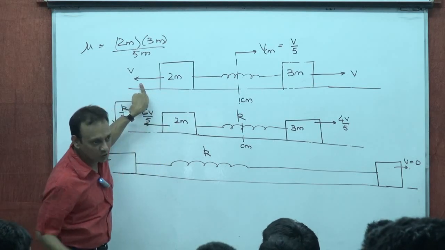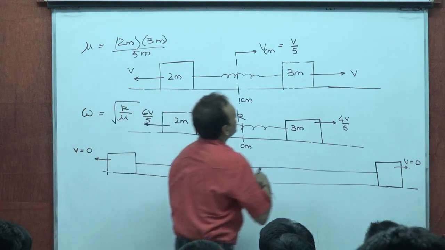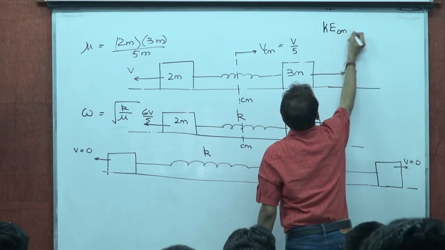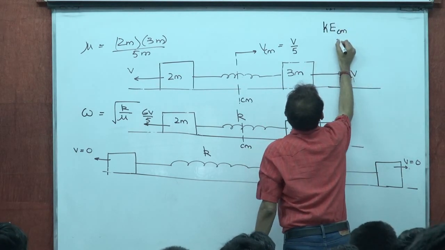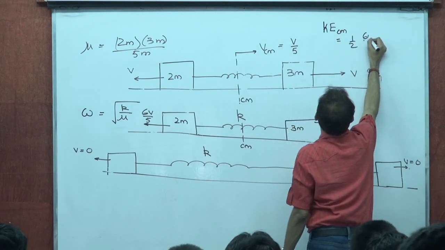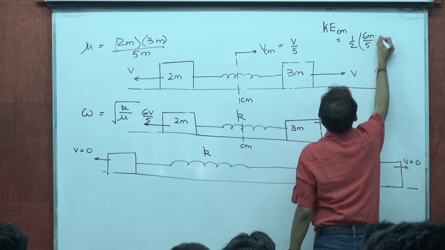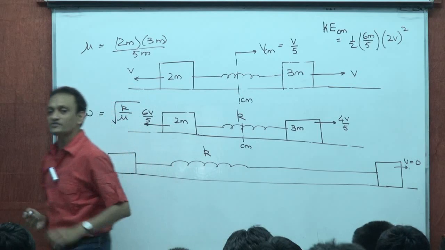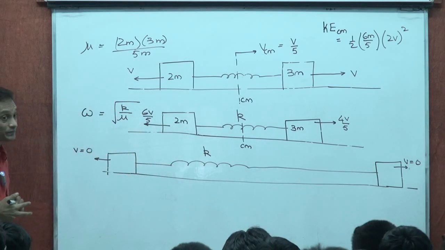VREL is 2V, yes or no? What's the kinetic energy of the system in the center of mass frame? Half of mu, where mu is 6m by 5, into VREL squared, which means (2V) squared. That's the kinetic energy in the center of mass frame, right?